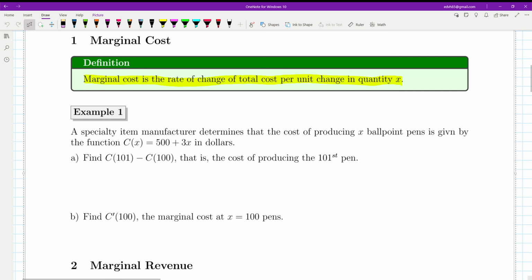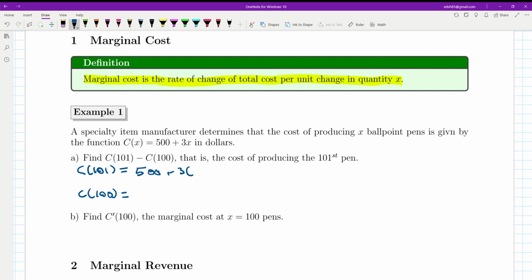So what we're going to do is calculate, on the one hand, C of 101 and C of 100. For the cost C of 101, we're going to do 500 plus 3 times 101. And C of 100 is 500 plus 3 times 100.